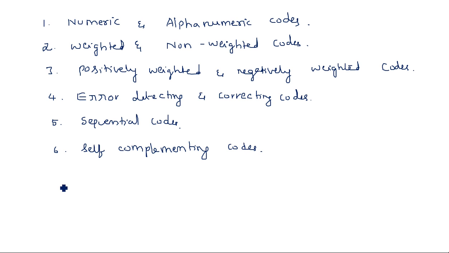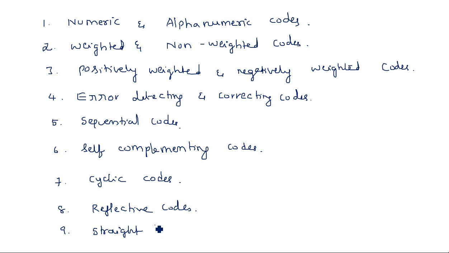The next one is cyclic codes, then reflective codes, and the last one is straight binary code.